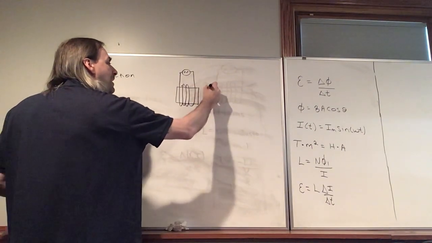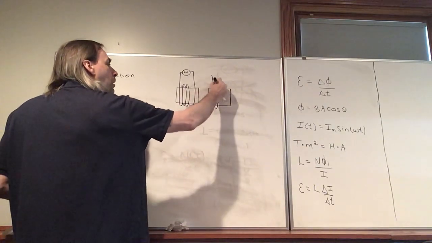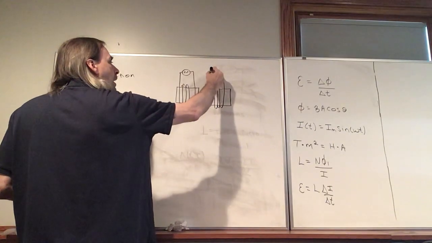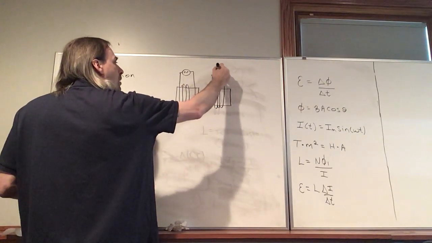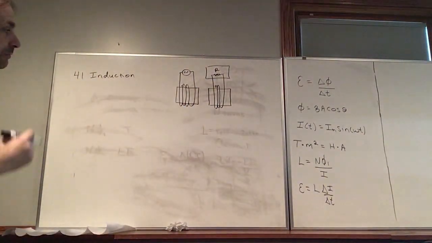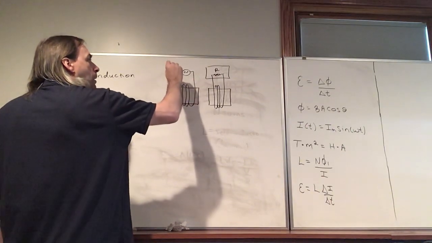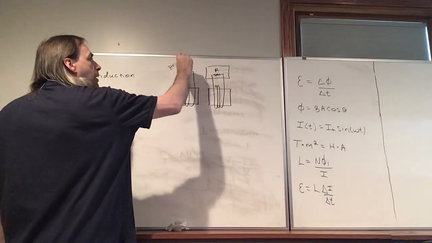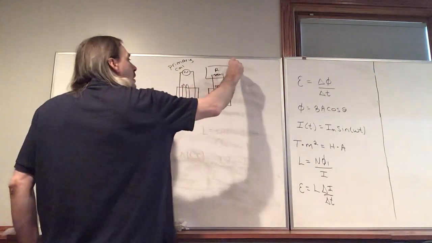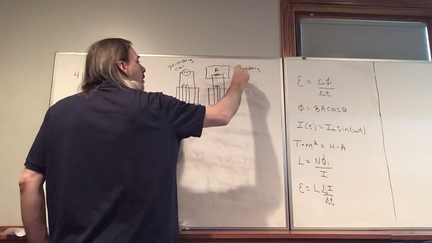And then I'm going to place another coil next to it, which is not hooked up to a power supply. Let's say this is hooked up to some device. We call this the primary coil because this one is hooked up to the power supply. And this is the secondary coil.